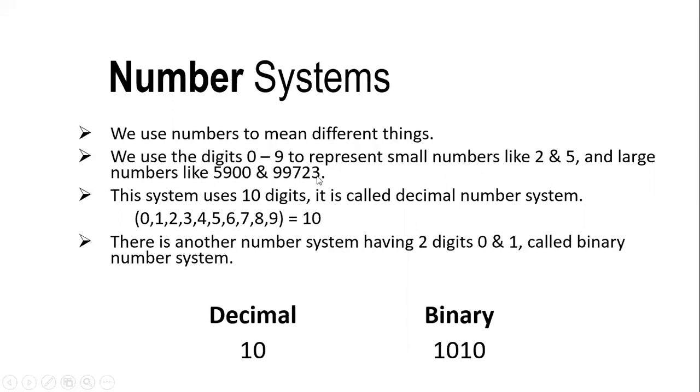The decimal number system has base 10. Why is it base 10? It's because of these digits: 0, 1, 2, 3, 4, 5, 6, 7, 8, 9. They are the base of this decimal number system, and we do not have any digit other than those given here from 0 to 9. Like if I talk about 12, 12 is the combination of 1 and 2 itself.